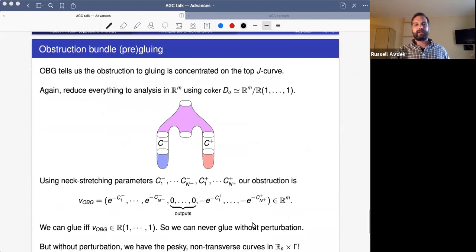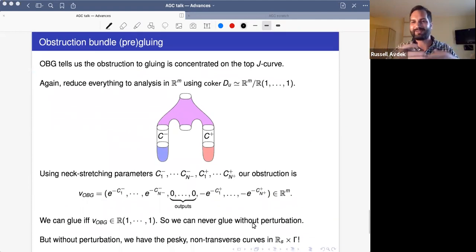Okay, so now this is great, because there's some hope we can solve these gluing problems, since we've explicitly trivialized our normal bundles. And note we've done this for parameterized curves, meaning that we've fixed the orderings of the negative punctures. And so the obstruction bundle gluing analysis tells us that when you try to glue a transversely cut out thing to a non-transversely cut out thing, all of the problems are concentrated on the non-transversely cut out thing.